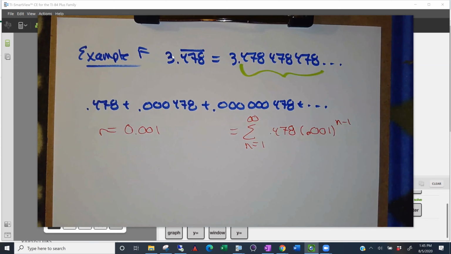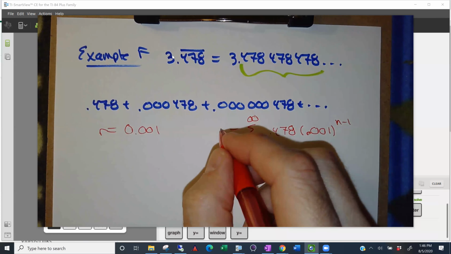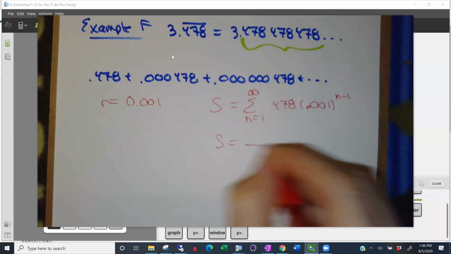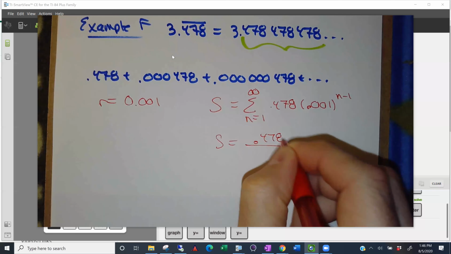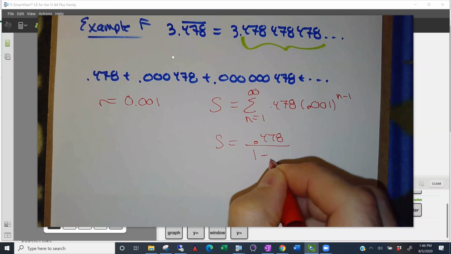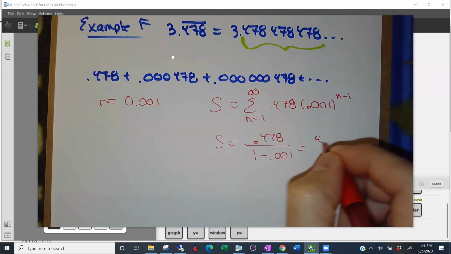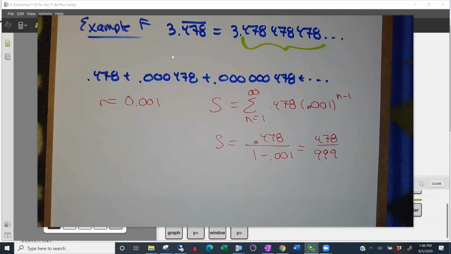That would be what this looks like in terms of series notation. Call that sum S. But because it's a geometric series, we can calculate it this way: I'll take my first term, 0.478, divided by 1 minus 0.001. And that turns into 478 over 999.